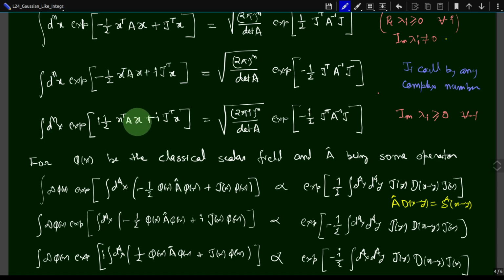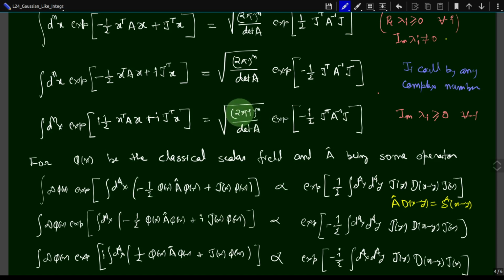This is a counterpart of this, where A acting on x is another vector and x transpose is another vector, so you just do a dot product. Here A acting on phi is a vector and phi is a vector, you do a kind of dot product, and d4x simply says sum over all possible values of x. And in the same way j of x phi of x.